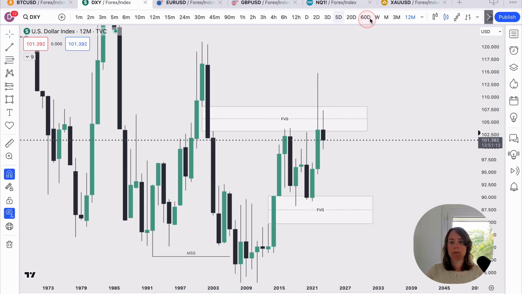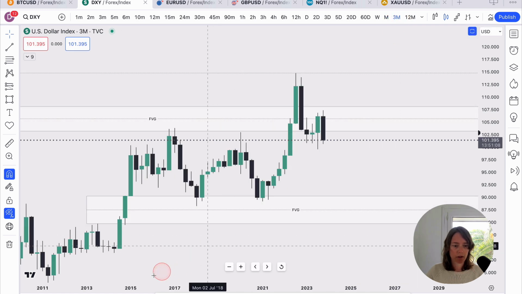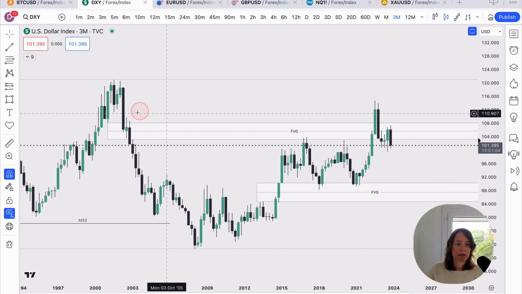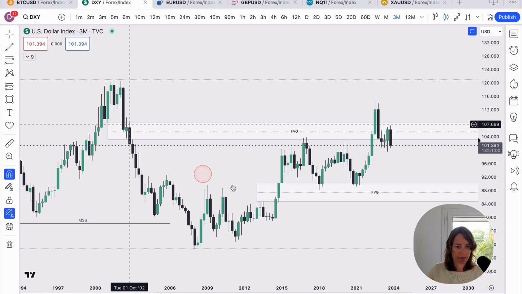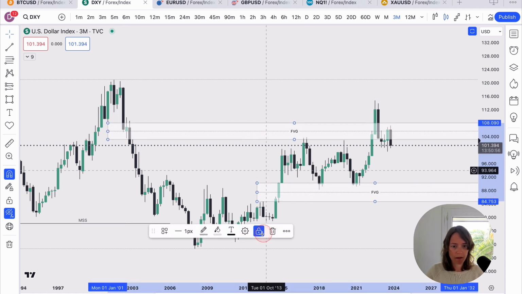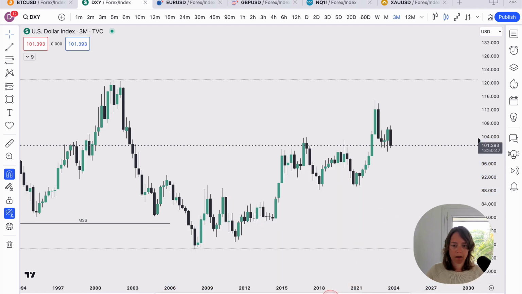So let me see what we have on the monthly, or maybe first the 3-month chart. What we saw over here is that we had a 3-month fair value gap. And I've also mentioned this to my community members before, that what I saw on the 3-month chart was this fair value gap.